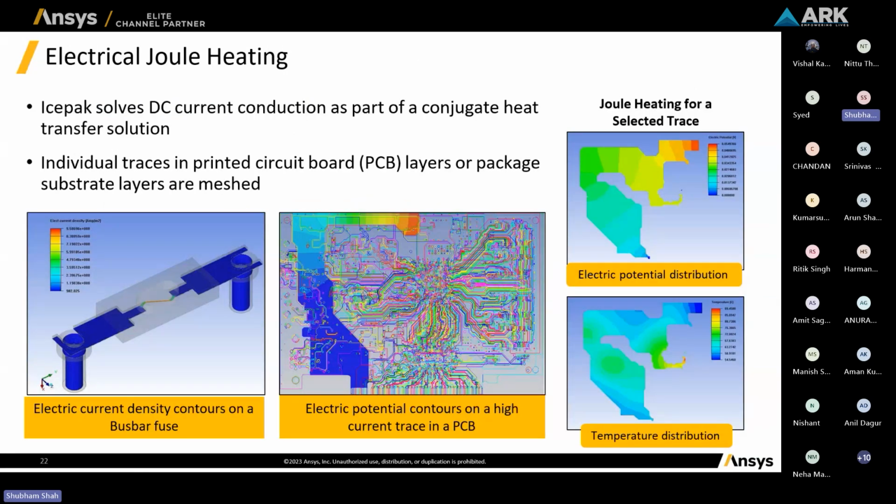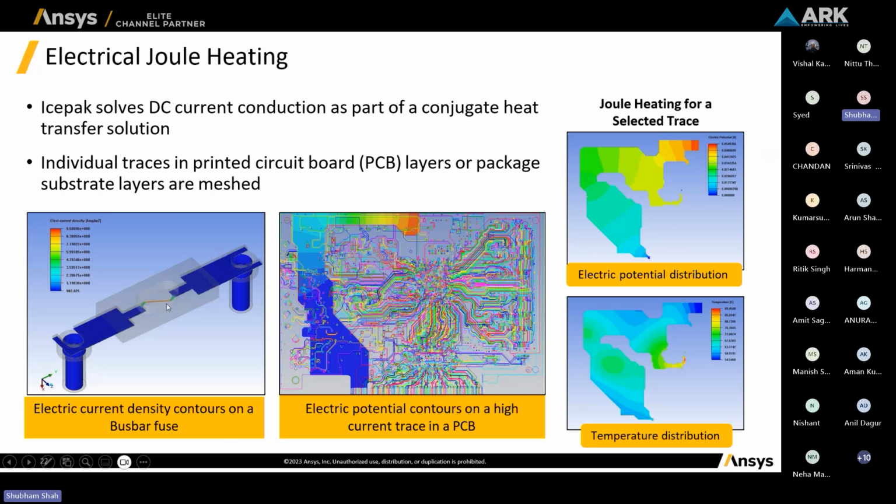So coming towards Joule heating. When we talk about Joule heating, Icepack is capable of solving the DC current conduction as part of conjugate heat transfer, which is not available in Ansys Fluent but is available in Icepack Classic. This is one of the examples. Here on the left-hand side, you can see how your current is flowing, and here is the contour of electric current density, and this is the location where you can see the highest current flowing.